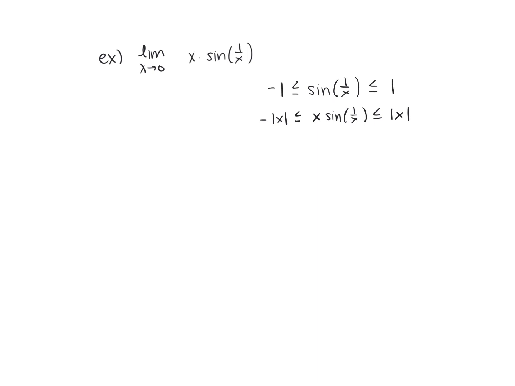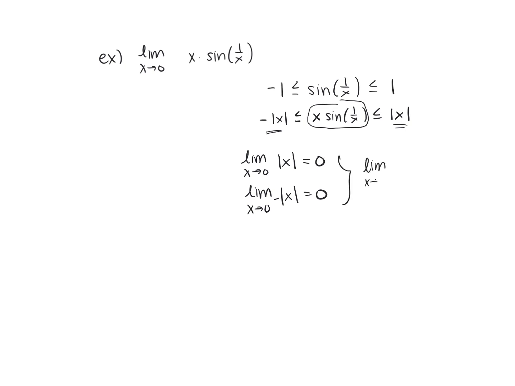Alright, so my function here is always less than or equal to the absolute value of x, which is like x times 1, and is always greater than or equal to negative that. And the limit as x approaches 0 of the absolute value of x is 0. The limit as x approaches 0 of negative absolute value of x is also 0. And so the function stuck in between must be 0 as well.